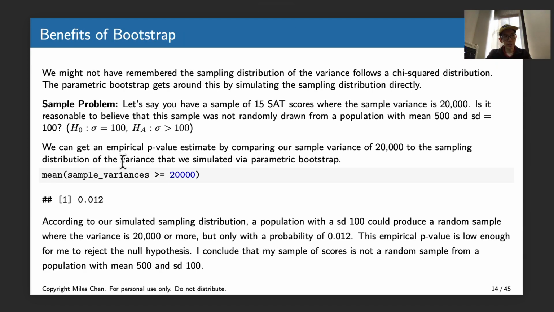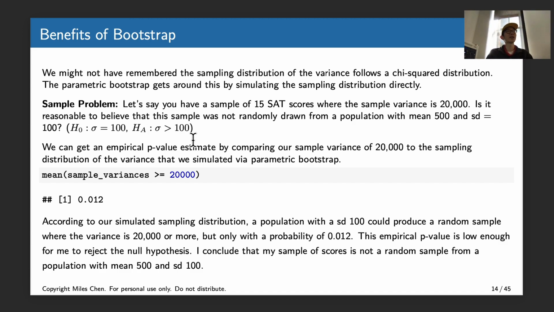Okay, so let's say we have this problem, and we say, I have 15 students here. Is it reasonable to believe my 15 students are a random sample coming from this population? So let's say you have a sample of 15 SAT scores, and the variance of your sample is, say, 20,000. Now your question is: is it reasonable to believe that my sample is coming from a population, either is not a random sample from the population, or is coming from a population that's different from having a standard deviation of 100?